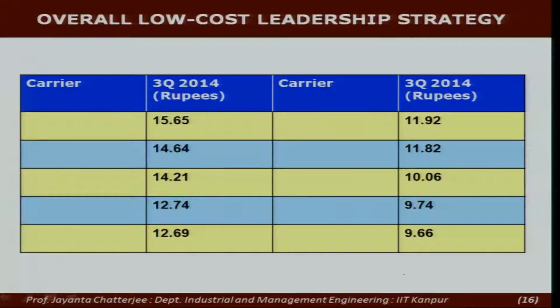So, for example, this is an example taken from airline carriers. There can be X, Y, Z, M, N, O, P, a number of carriers. These are actual data, only the names we have camouflaged for legal reasons. But what it means is that, suppose you are tracking a key cost element, which is operational cost per seat air mile per day.